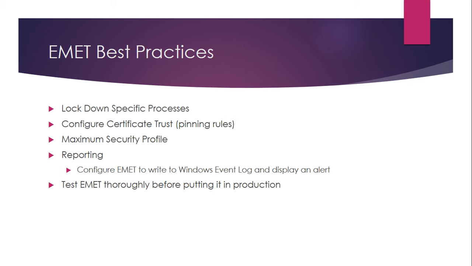With the certificate trust feature, you have to use the certificate trust configuration window and provide a list of websites that you want to protect and give the rules you want to use for those websites.